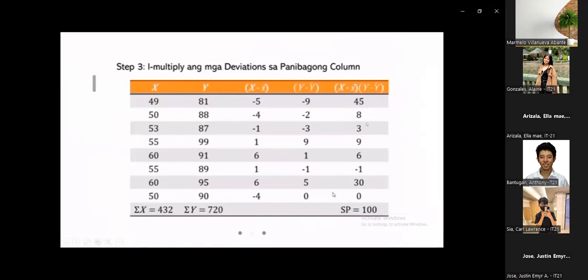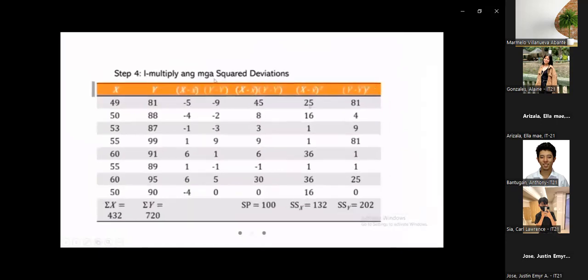Then, sa step 4 naman, i-square natin ang mga deviations. Dito, i-square lang natin yung deviation ng x and yung deviation ng y. So, square natin yung 5, maging 25, 4, 16, negative 1, 1, and so on.